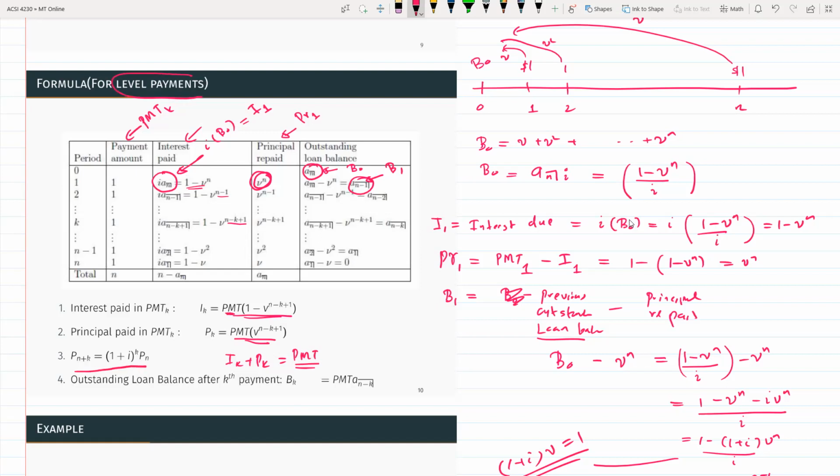Assuming level payment, okay, that's an assumption. If that's not true, then this is not true. Then also the outstanding loan balance after k payments is this one. We are going to learn about this approach. This is called the prospective method, to see the future and the remaining loan balance.